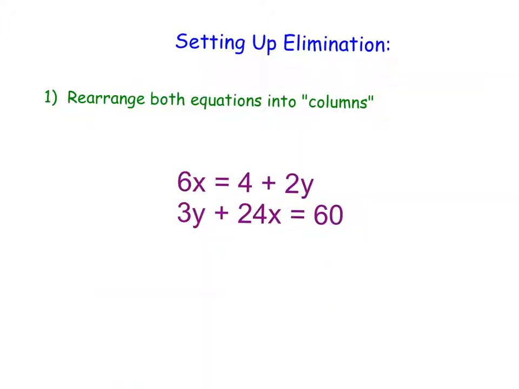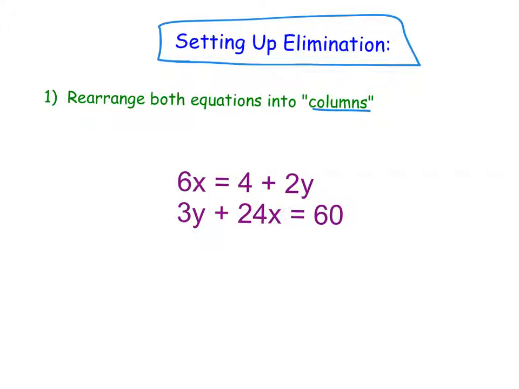Now, while elimination is a great strategy, we do have to do a little bit of work in order to set up elimination to be a successful strategy to use. The first thing we need to do is rearrange both equations into what I call columns. What this means is we just need to rewrite them so that they're set up in the same way, and their x's, their y's, their equal signs, and their constant values are aligned.